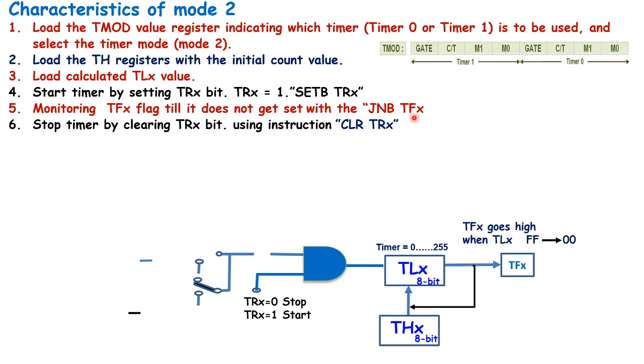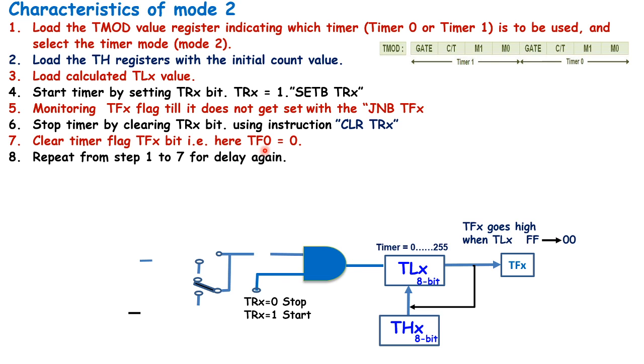Then when rollover occurs, that is, the TF flag bit is set, stop the timer by clearing the TRX bit, that is, when this bit is equal to 0, stop the timer using the instruction CLR TRX. Clear the TFX bit, here TF0 equal to 0, and repeat the process from step 2. So this is the use for delay.